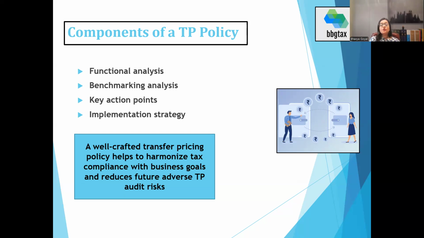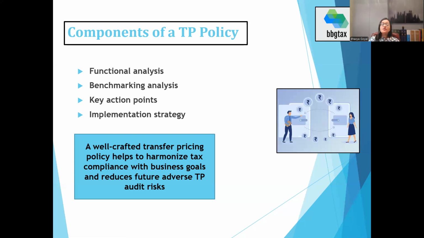For example, in the case of a UAE entity where the transfer pricing regime has just come into place, in my experience, a lot of multinationals have prepared transfer pricing policy documents to understand whether their international transactions or related party transactions are at arm's length or not. In that case, it becomes important to highlight the key action points.